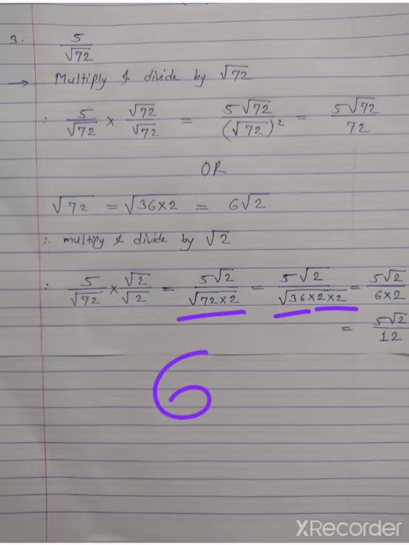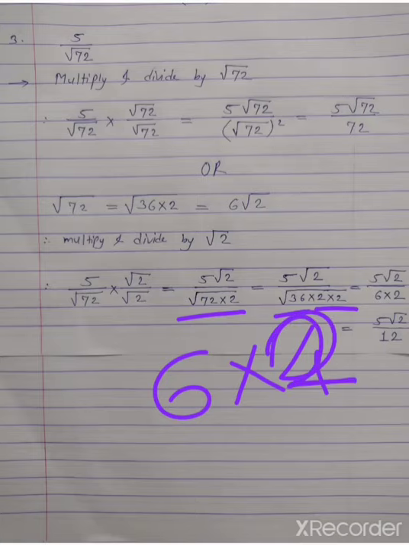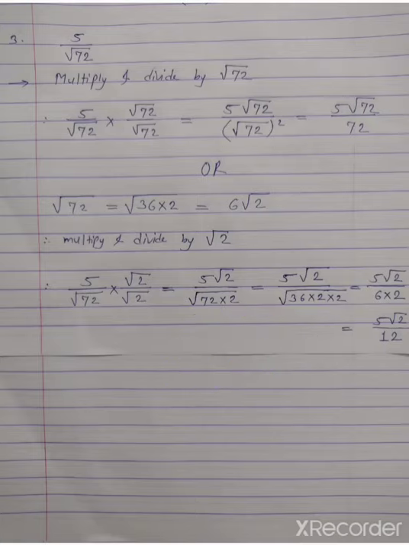When you take it outside the radical sign, it will become 6, and 2 into 2 becomes 4, so when it comes out, it will become 2. So 6 into 2 is equal to 12. So 12 is a rational number, and here also you are getting 72, which is also a rational number.